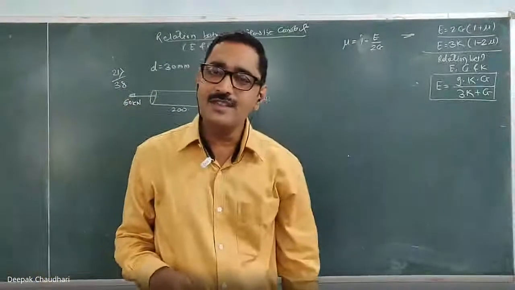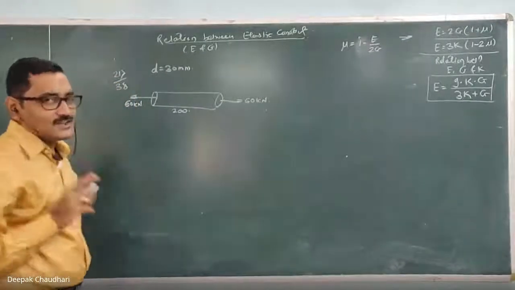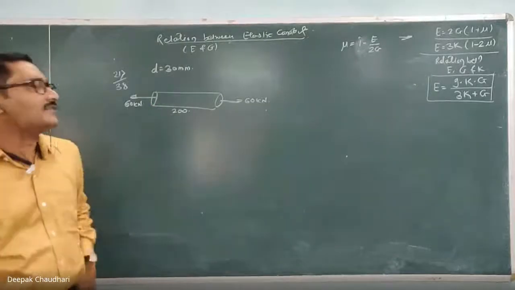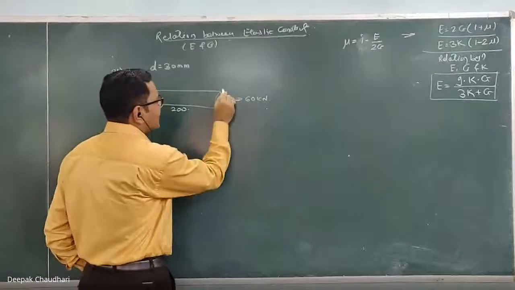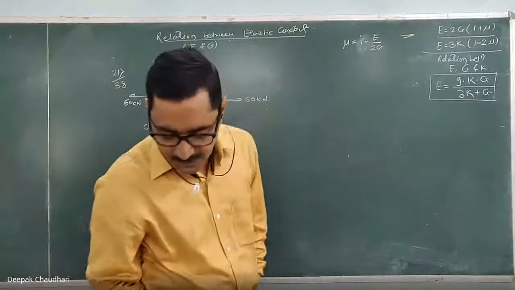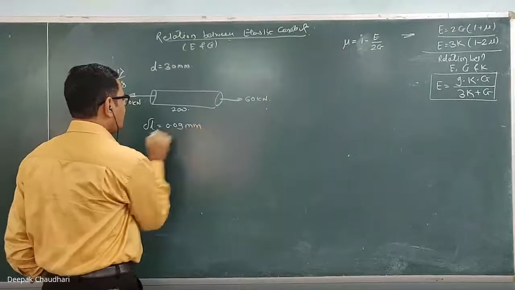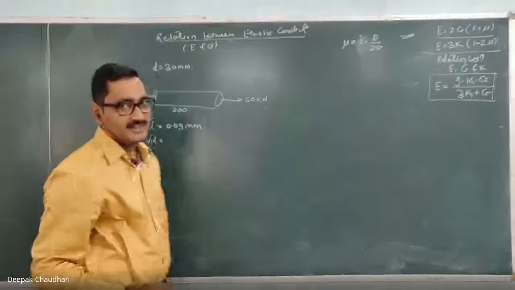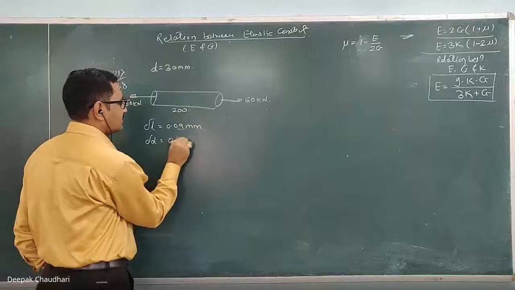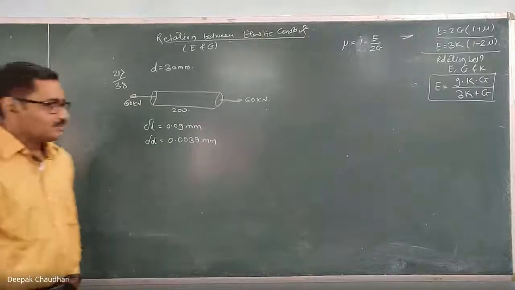This test is performed on our universal testing machine, and it is observed that the change in length, the deformation, is equal to 0.09 millimeter, and the change in diameter is equal to 0.0039 millimeter. This is the given data.